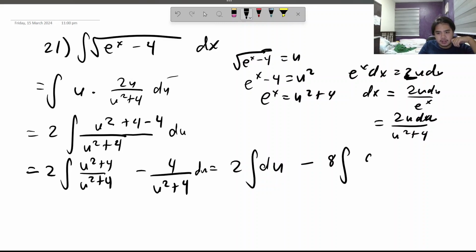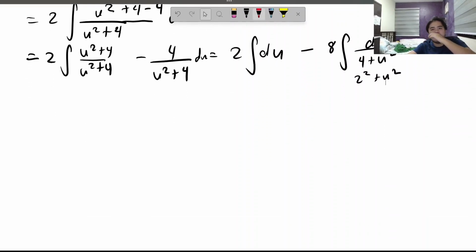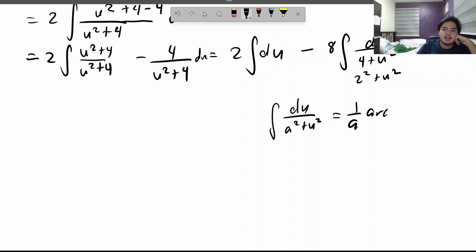Integral of du over u squared plus 4. Now, let's just switch it out so you can see it better what this is. 4 plus u squared. This could be 2 squared plus u squared. And there's something about arctangent that makes this better. If you're integrating this form, the answer is 1 over a arctangent of u over a.